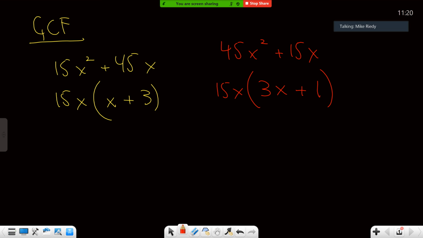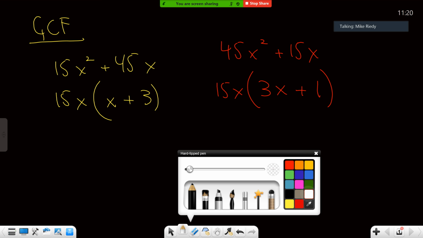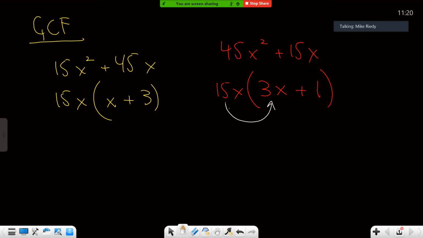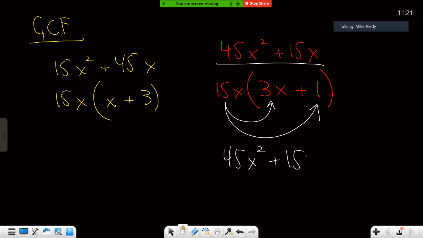Okay. Now, we're not going to do this except for this one particular problem, but you can check this by going in reverse. If I take this times this and this times this, I should end up with that. Well, do I? 15x times 3x, 45x squared. 15x times 1, 15x.